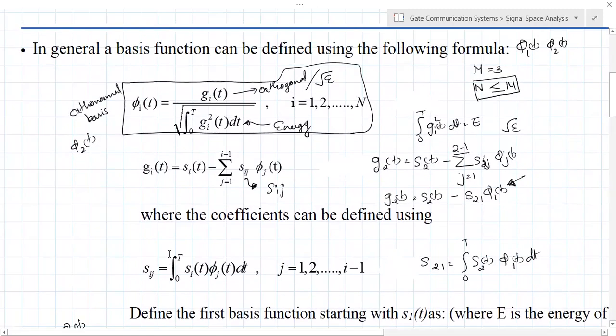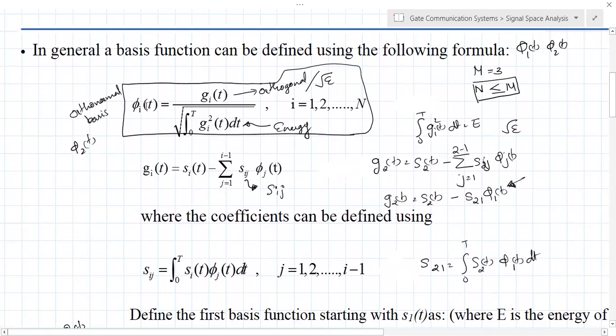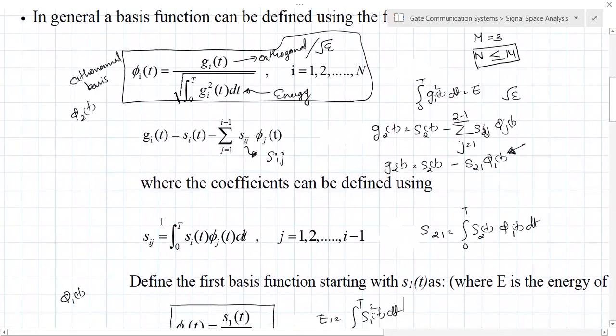Actually, we require a single formula for phi_i(t). There is an unknown quantity g_i(t), which you can calculate using the second formula. In the second formula there is another unknown quantity, s_ij, which you can calculate using the third formula. Finally, we require one more formula because we cannot evaluate phi1 using this.